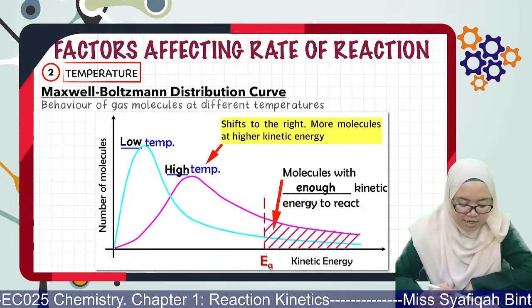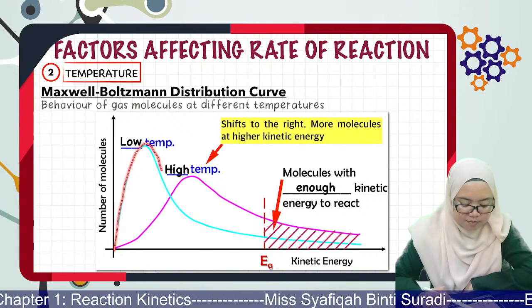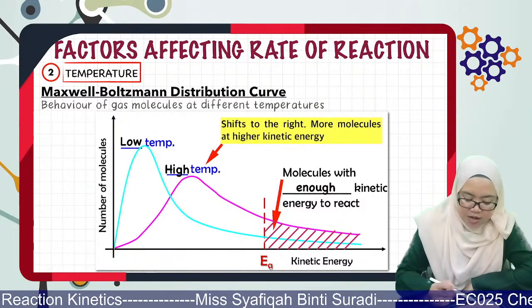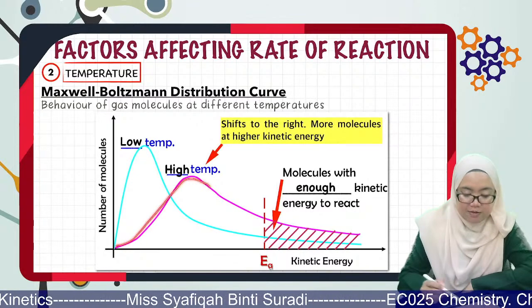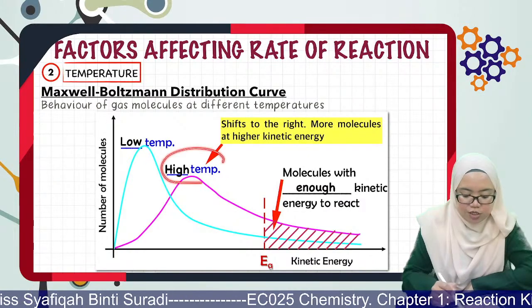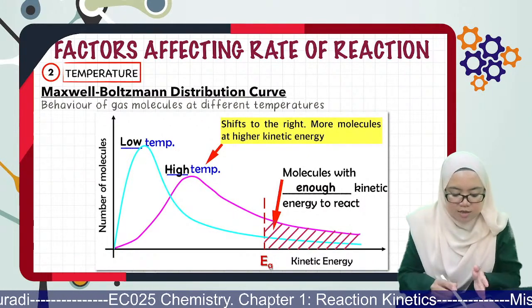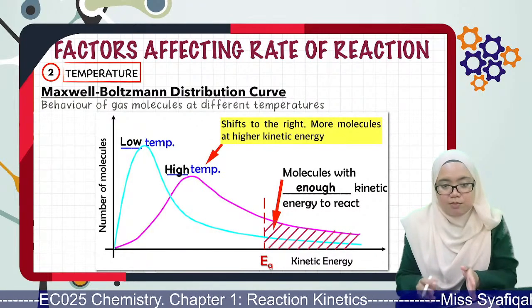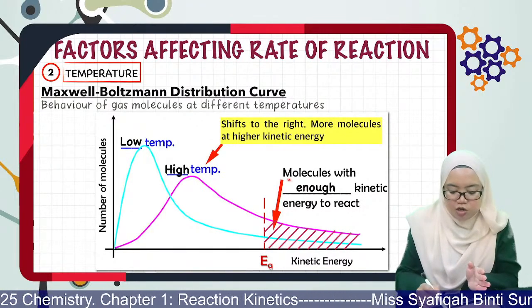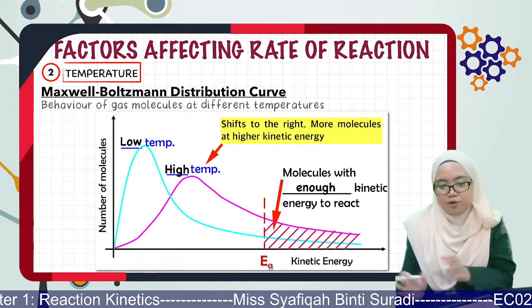So kalau perasan, kita punya curve untuk low temperature, dia macam tinggi sikit. Kalau untuk high temperature, dia a bit macam landai. Okay, sebab apa? Untuk curve high temperature ni, dia punya curve tu macam dah shift to the right. Maksudnya, sekarang ni lebih banyak lagi molekul yang ada enough kinetic energy untuk react to form product.